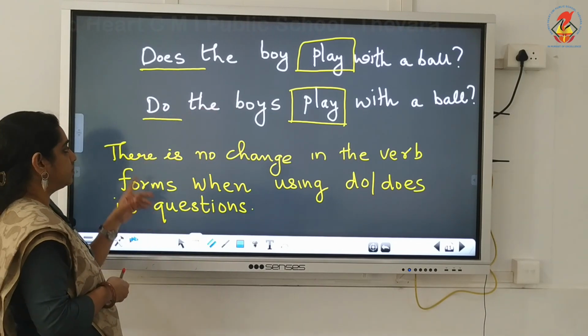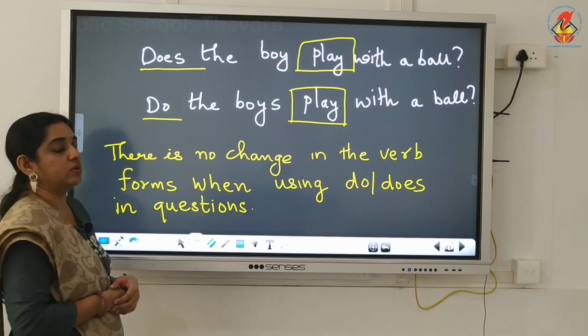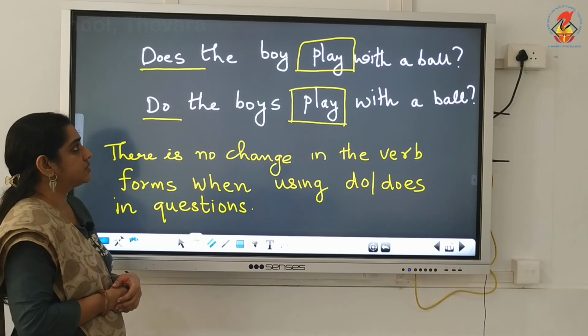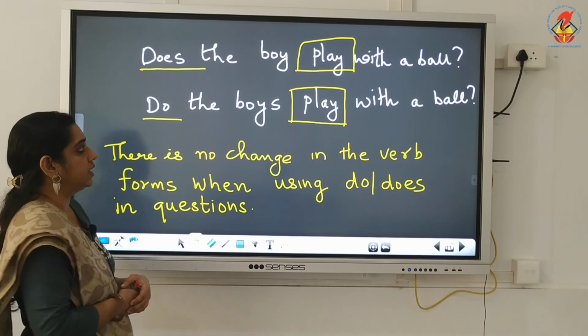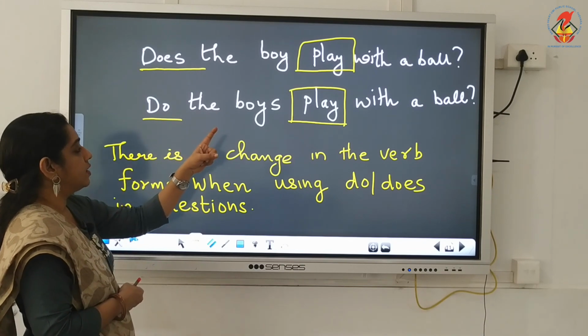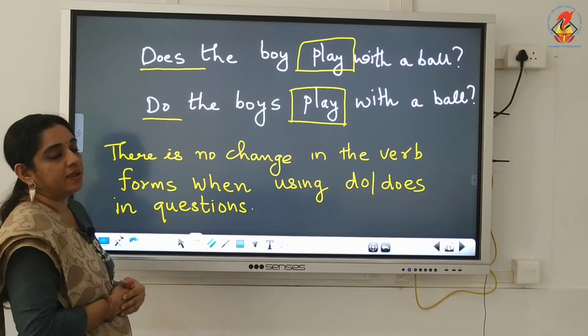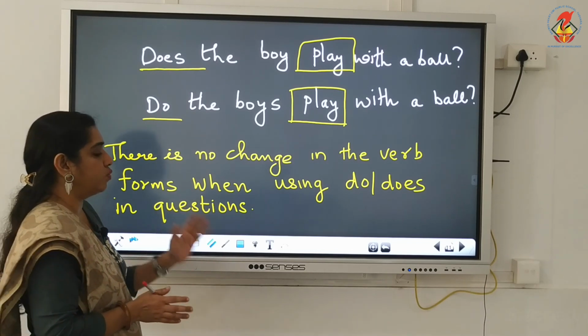Okay. Now, see, there is no change in the verb forms when using do or does in questions. When you are using in questions also, there is no change. Okay. You see the questions, do the boys play, does the boy play. For questions also, there is no change in the form of the verb.